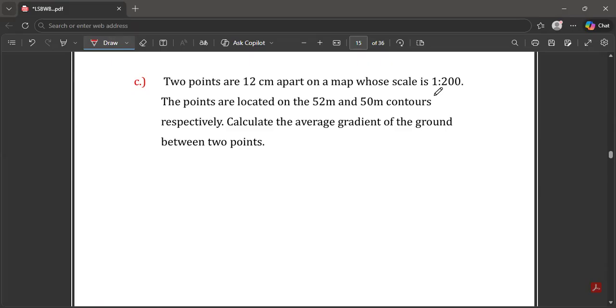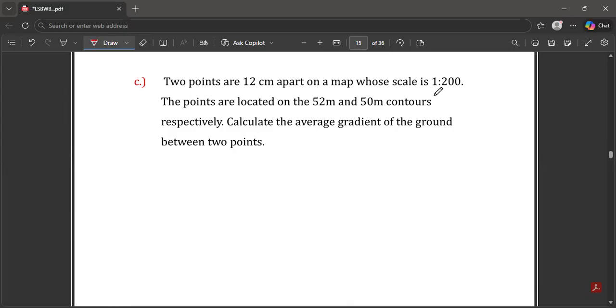The points are located on the 52-meter and 50-meter contours, respectively. Calculate the average gradient of the ground between the two points.